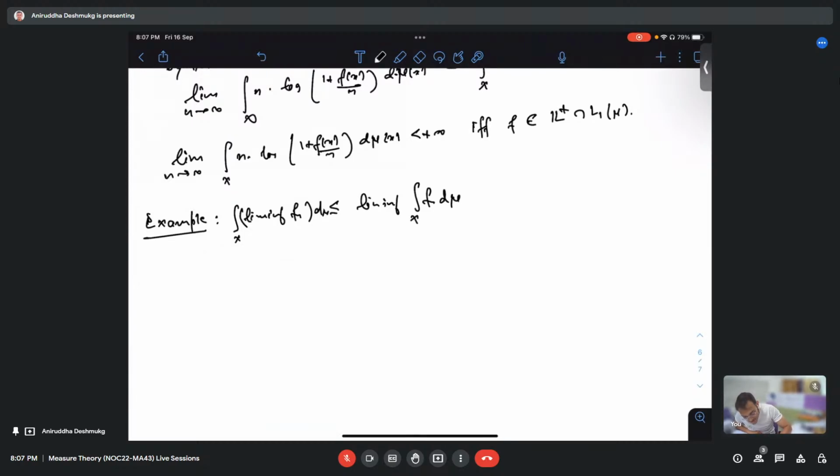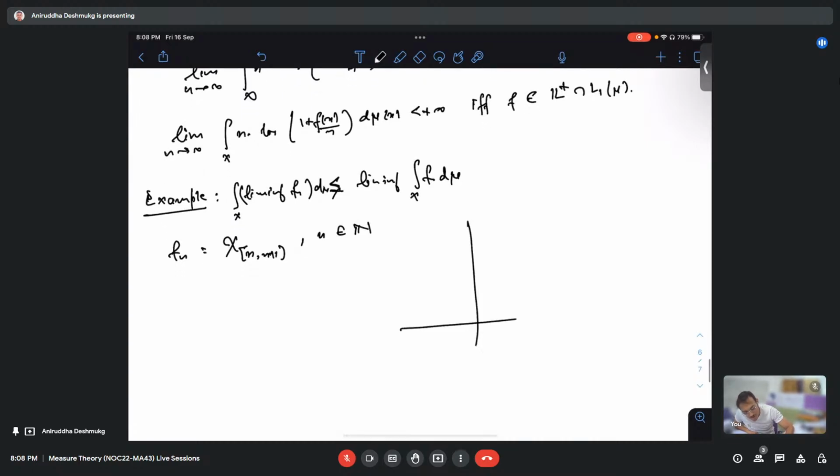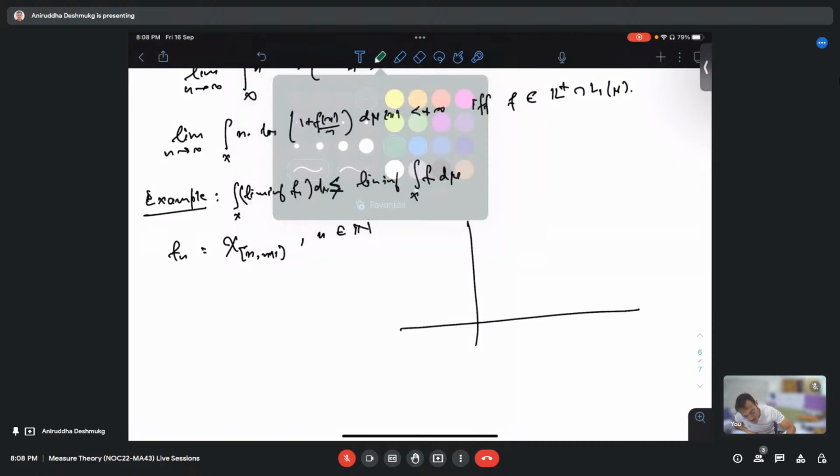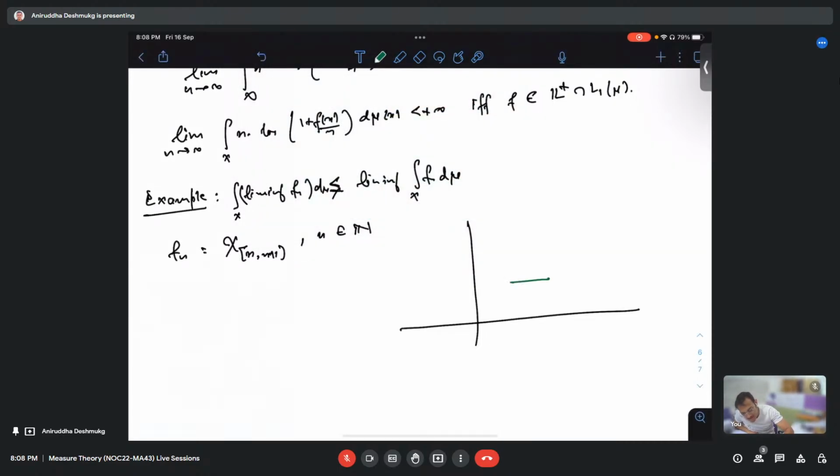To see that it may not be equal, we have this example: let us take f_n to be the characteristic function of the interval n to n plus 1. One could take other intervals as well, but for the sake of example I am taking this. How do these intervals look? The first one is from 1 to 2, the next one is from 2 to 3, the next from 3 to 4, and so on. This is f1, this is f2, this is f3, and the remaining parts are 0.